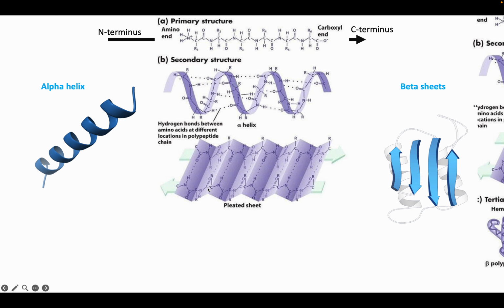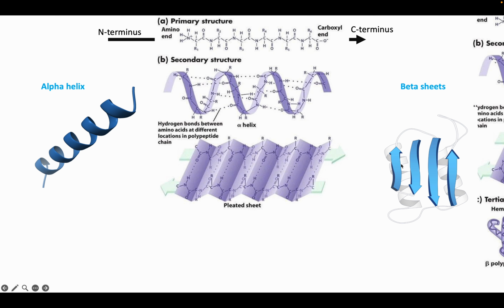Other protein sequences allow hydrogen bonding to occur between strands, such that a strand that might kind of loop around here, one part of the strand is hydrogen bonding with another strand, and that forms some kind of a sheet, and we represent these, what we call beta sheets, with these little arrows.